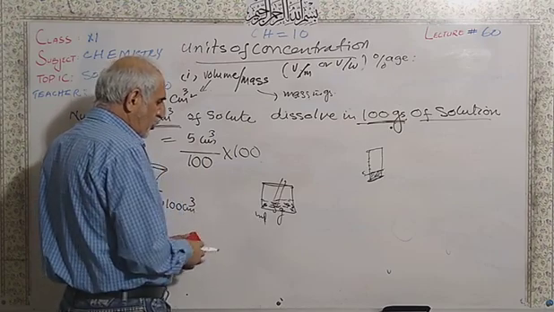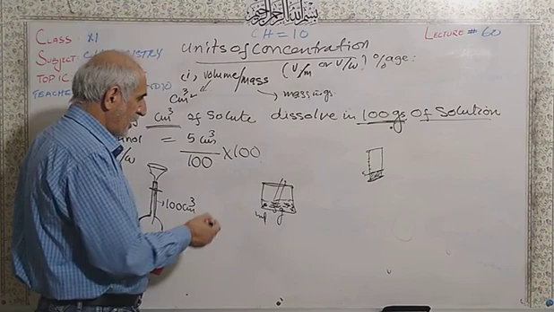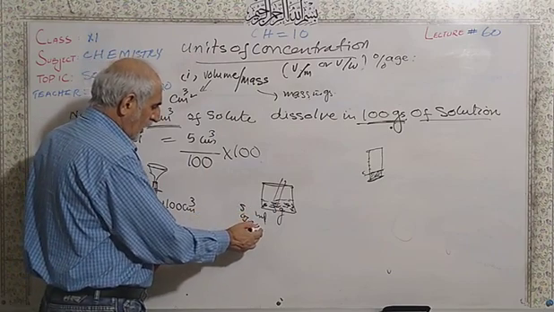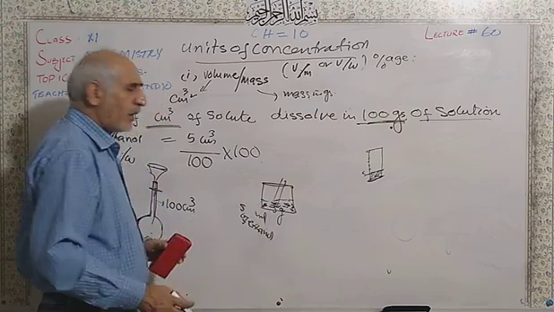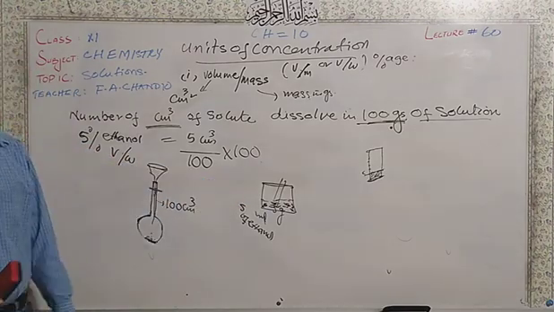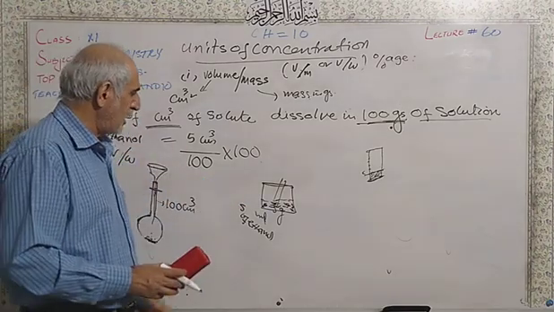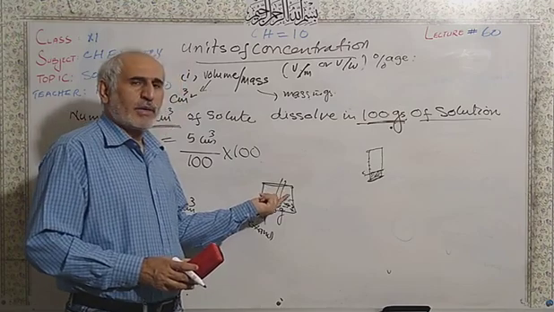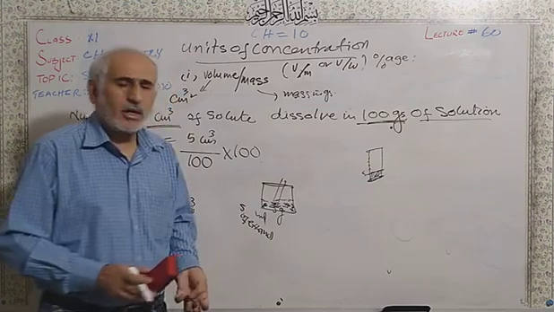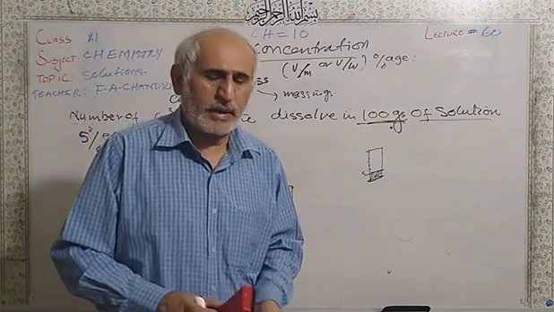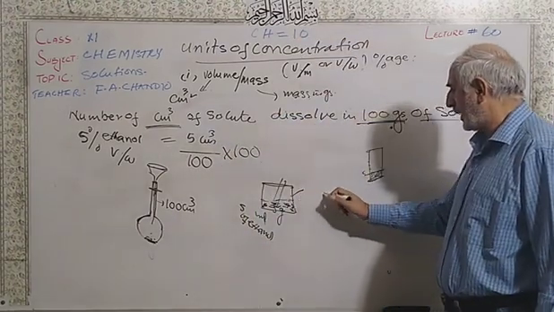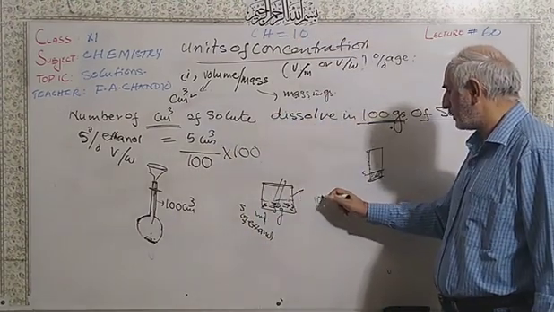The beaker is pre-weighed; it should be weighed first. There are 5 milliliters of ethanol here, and then you put it on the balance. Suppose initially the weight of the empty beaker is 100 grams.